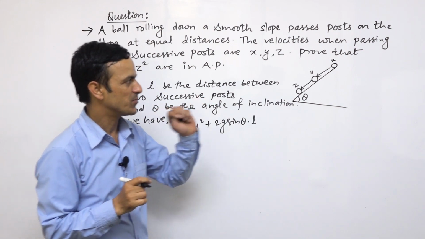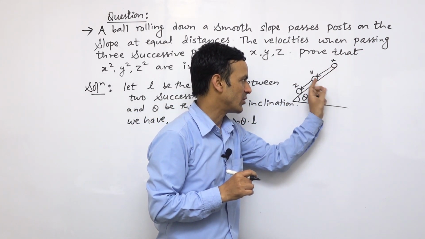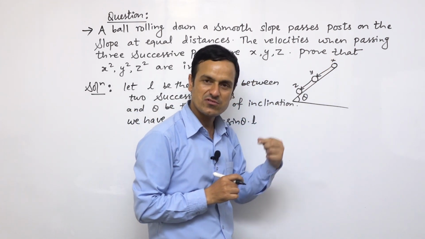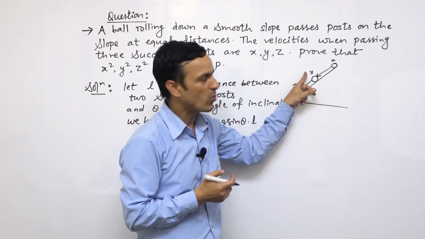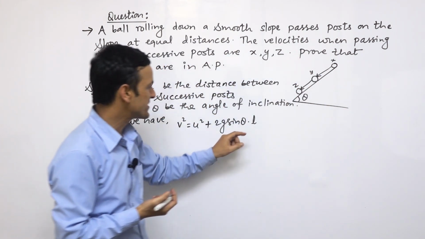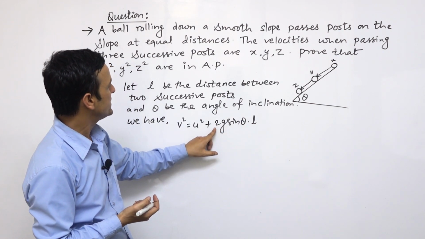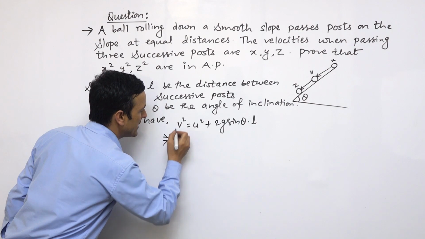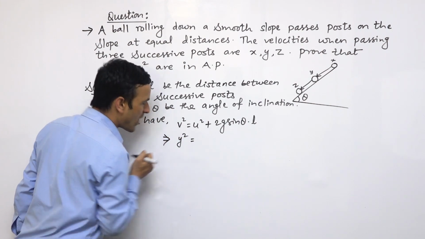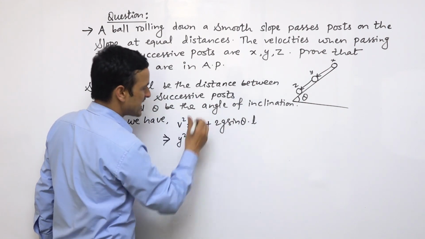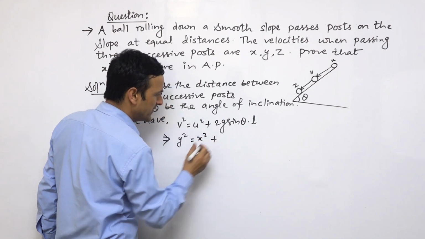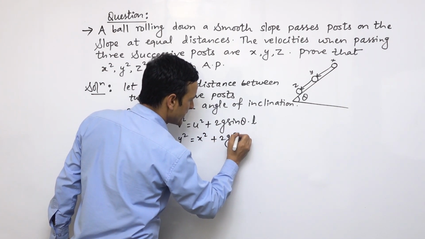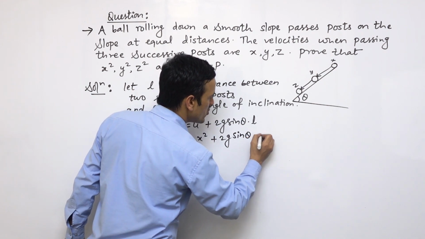For two successive posts, यदि हामीले दुईटा पोस्ट मात्र हेर्यौ भने यसको इनिशियल भेलोसिटी x हुन्छ, यसको फाइनल भेलोसिटी y हुन्छ, र यसले कभर गरेको डिस्टेन्स l हुन्छ, g को भ्यालु हामी g नै लेख्छौं. So if you substitute the value, this will be y square, and initial velocity is x, so it will be x square, and 2g sine theta into L.